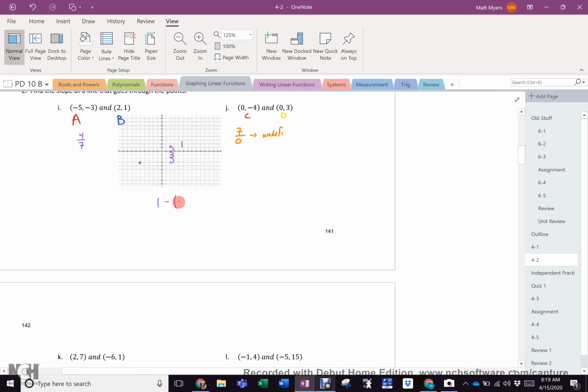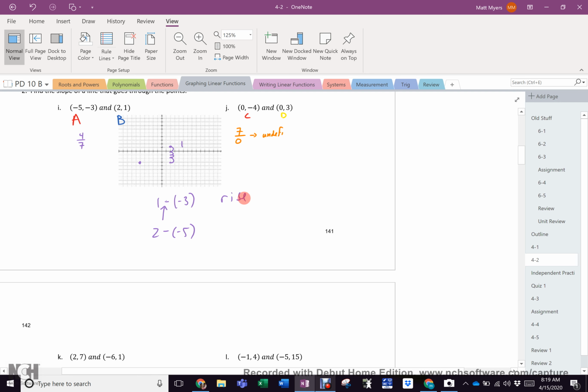Minus negative 3. The difference in my y's, because the y's is where I measure a rise. And then the run, I had 2 minus negative 5, because that's the difference here.